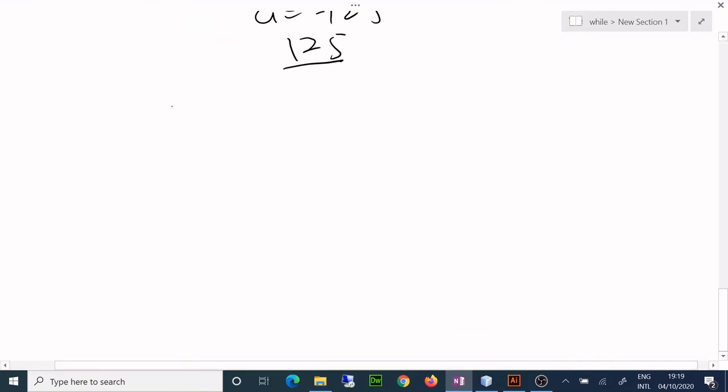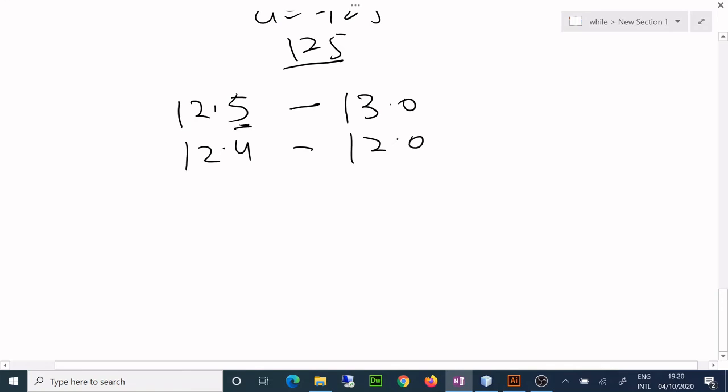If there is a number 12.5 and we have to round it off, it becomes 13, right? And if there is a number 12.4, it will become 12. So if it is greater than or equal to 5, then it will be rounded up.